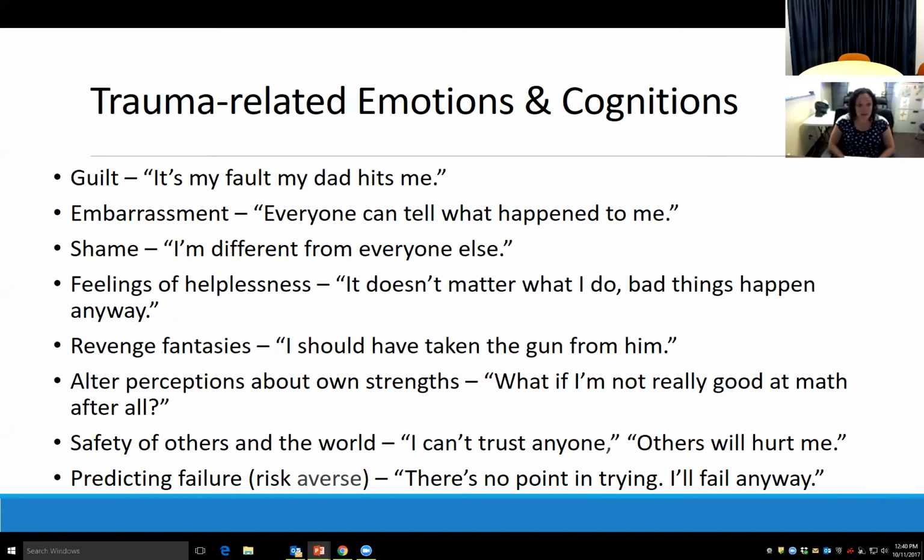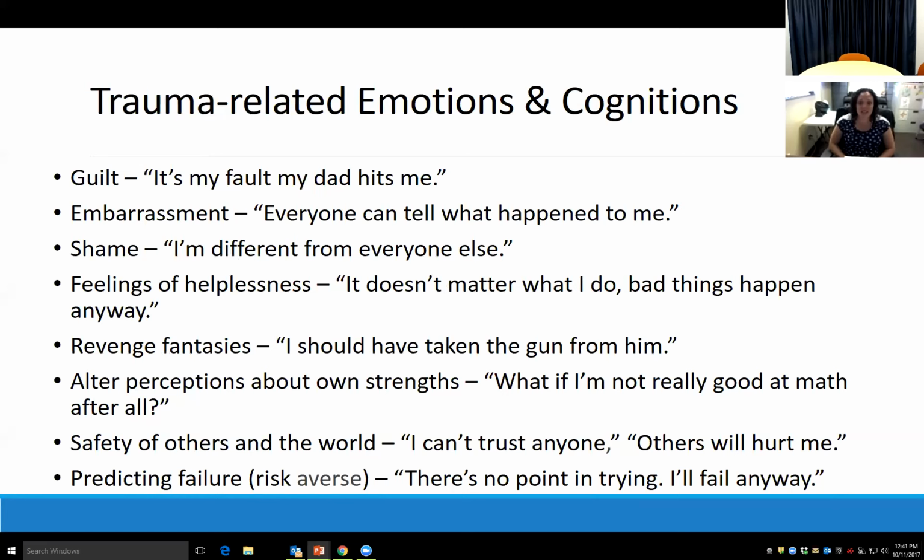So some common experiences are feelings of guilt. For example, a thought like, it's my fault my dad hits me. Feelings of embarrassment. Everyone can tell what happened to me. Feelings of shame. I'm different from everyone else because of what happened to me. Feelings of helplessness. It doesn't matter what I do. Bad things happen anyway. Having revenge fantasies.